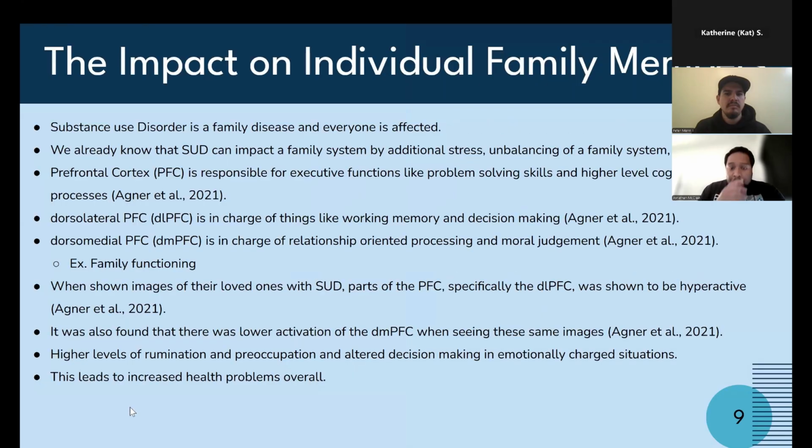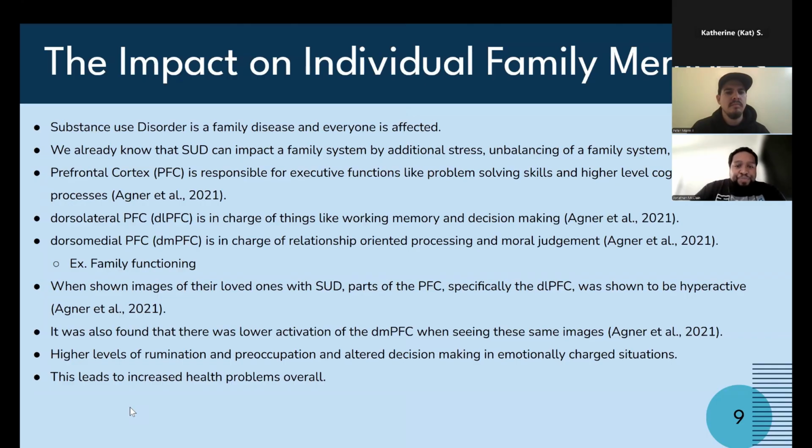Okay. So, one of the big articles that we also found connected a little more to how substance use disorders impact families specifically. Other than a few of the pieces that we highlighted as far as increased depression rates and anxiety, we also found in this article that substance use disorder also impacts brain function.